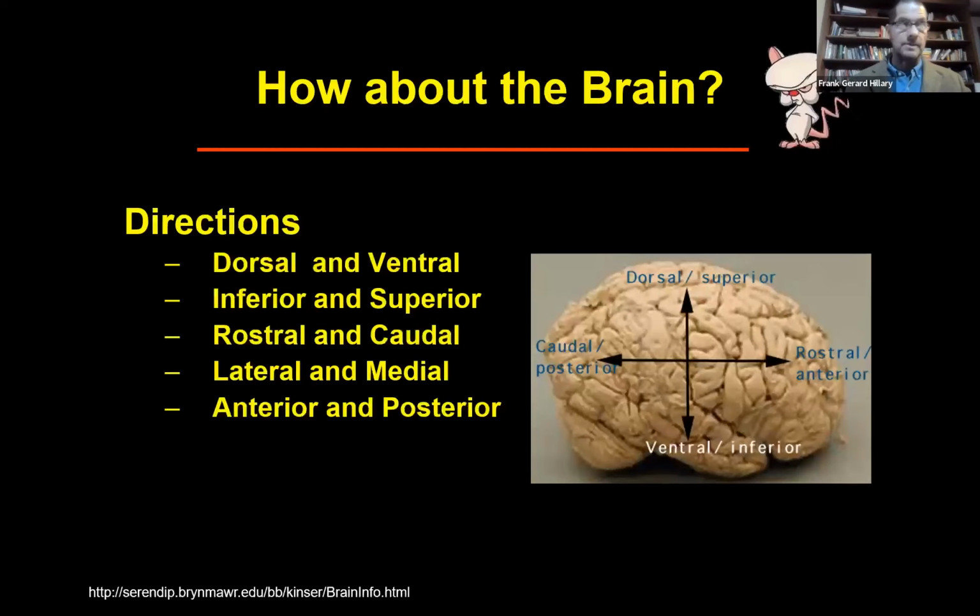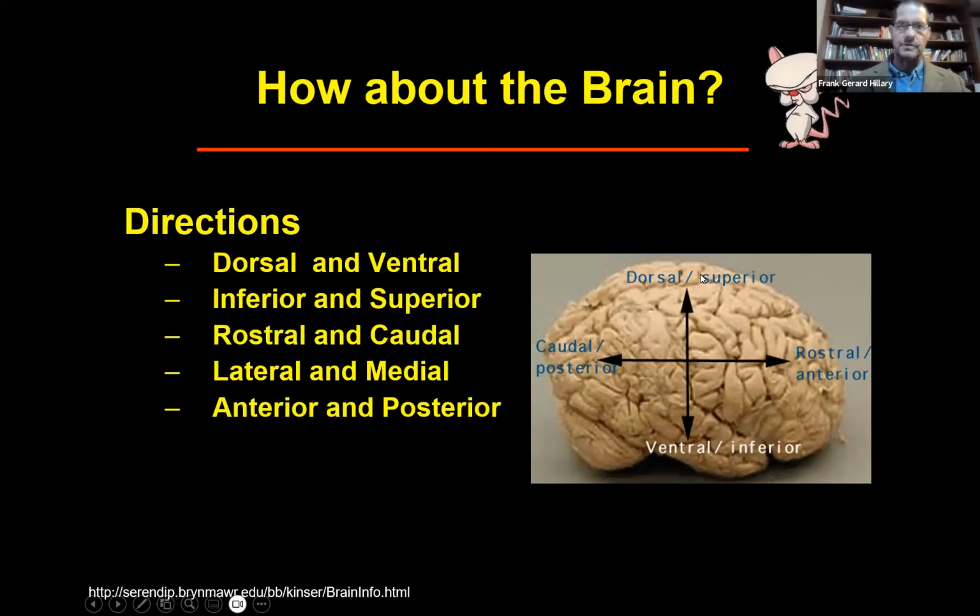Often you'll hear people describe different parts of the brain, such as dorsal lateral prefrontal cortex or ventral medial temporal lobe. This just gives you an overview of what that means.